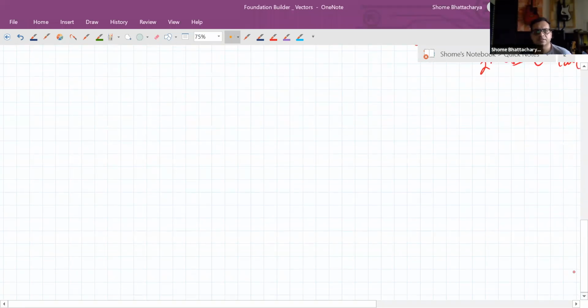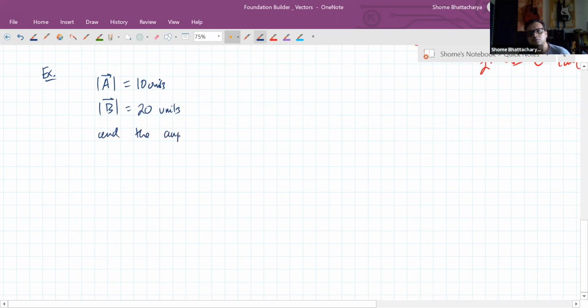So let us look at an example. Now the next example is like this: vector A has a magnitude of 10 units, vector B has a magnitude of double of that, 20 units, and the angle between them, theta, is 120 degrees.